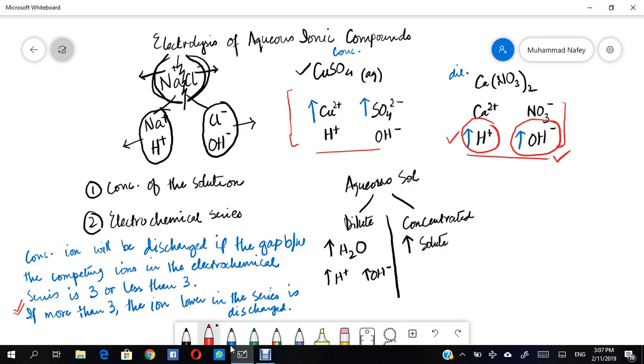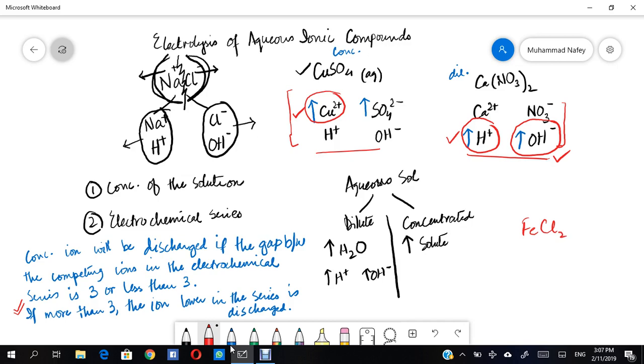When we take a look at the electrochemical series for cations, we'll notice that the gap between copper and hydrogen is just 1. Even though copper is more difficult to discharge as compared to hydrogen, copper is going to be discharged. Why? Because the gap was just 1. I'll take another example soon.